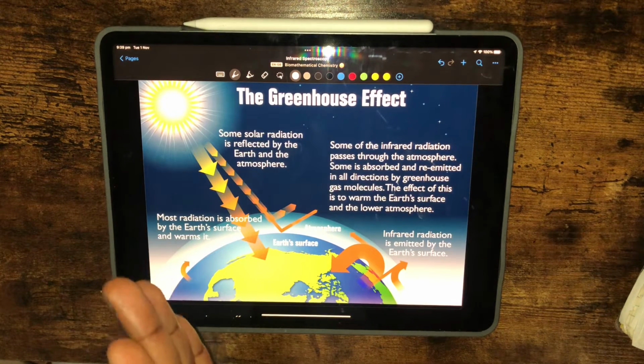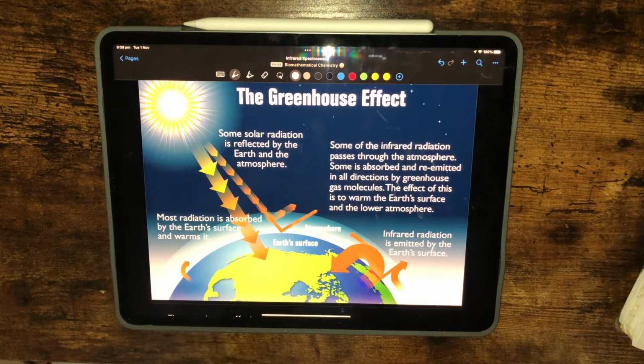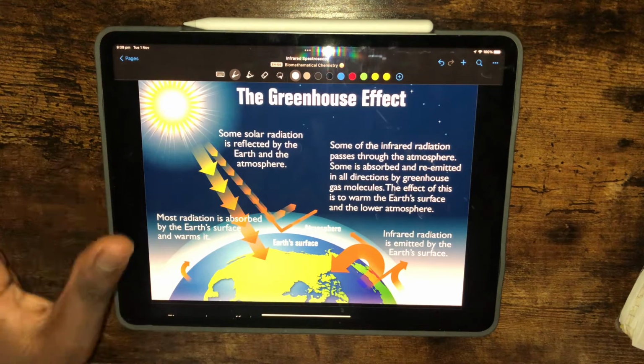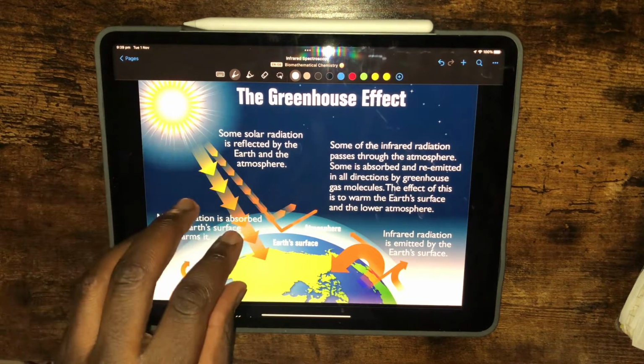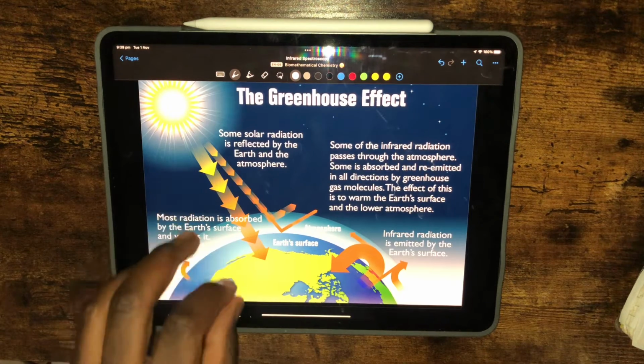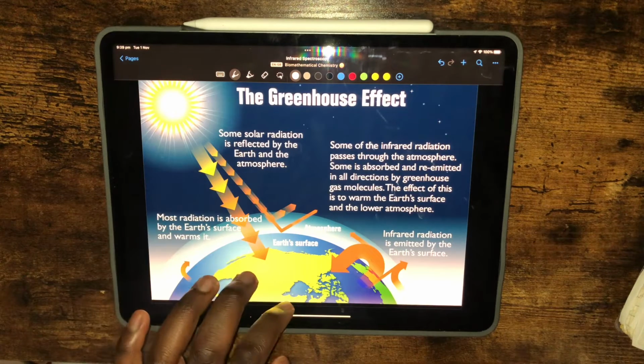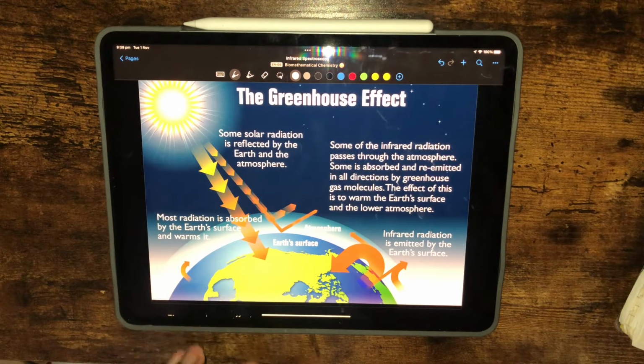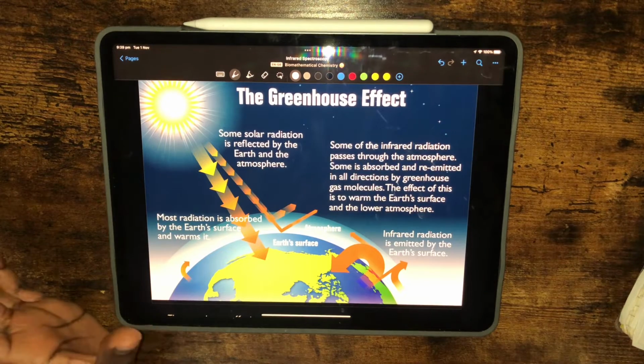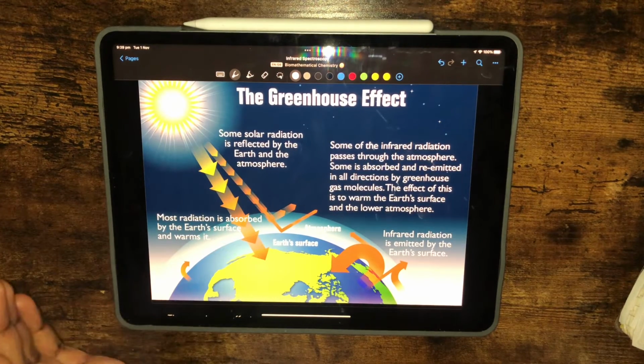Greenhouse gases can't absorb that high frequency radiation, but the Earth absorbs it and re-emits it as low frequency infrared radiation, and that can be absorbed by the bonds in the greenhouse gases, which then re-emit it in all directions.